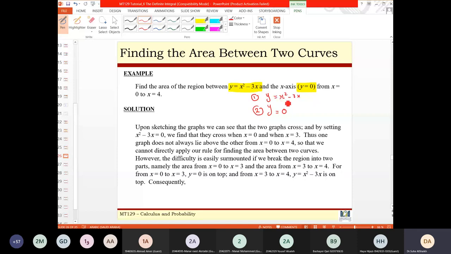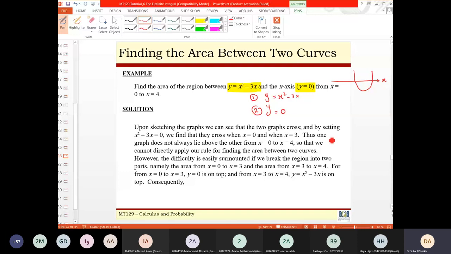Is it concave up or concave down? It is up. So it is a concave up parabola. And the x-axis is this. So which one is up, which one is down? This is the area I'm talking about.